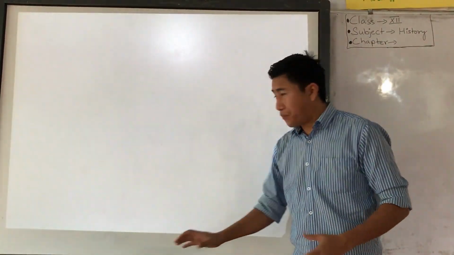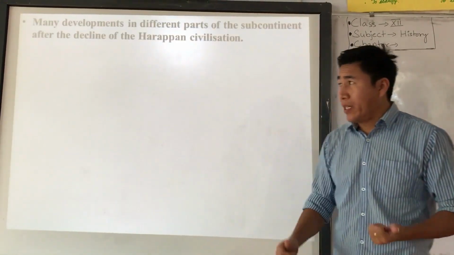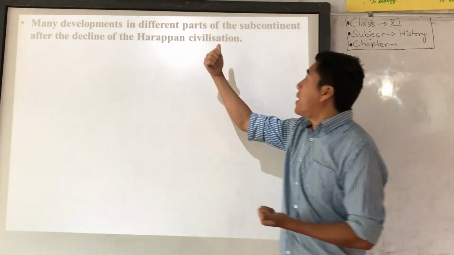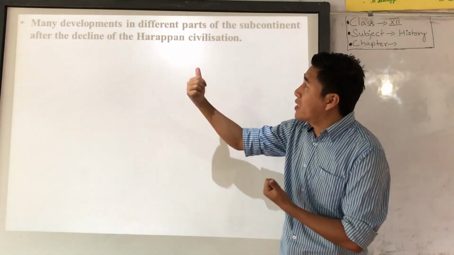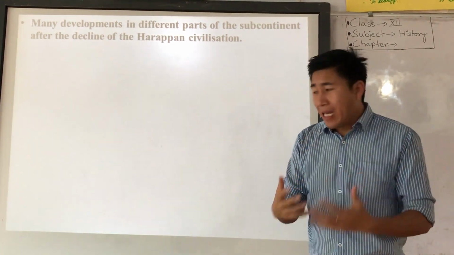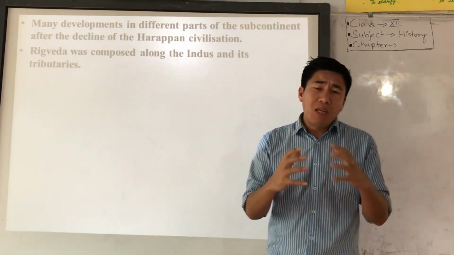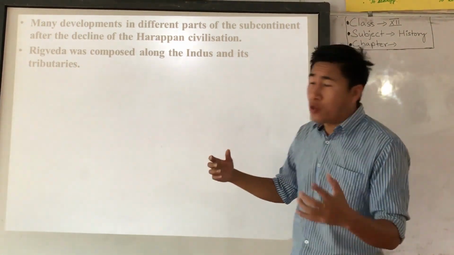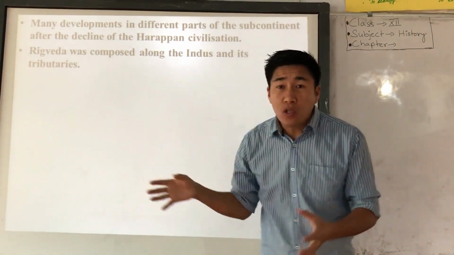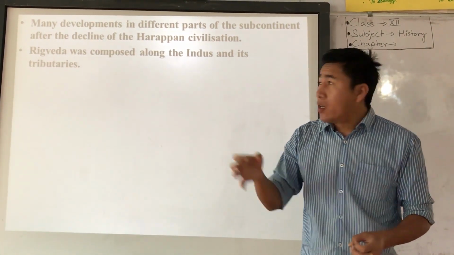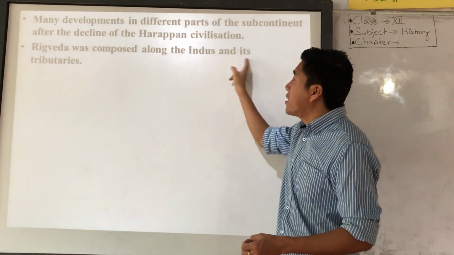Now, as I told you, there were many developments in different parts of the subcontinent after the decline of the Harappan civilization. The first major change in this period is that the Rig Veda was composed, meaning writing started, along the Indus and its tributaries.